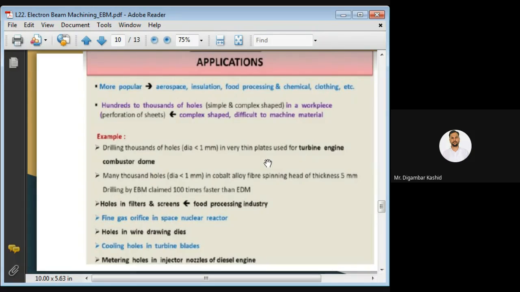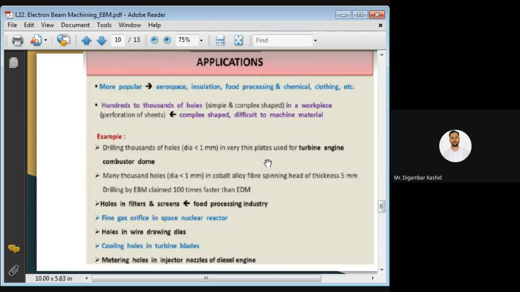These holes in filters and screens have applications in the food processing industry. Again, fine gas orifices in space nuclear reactors, for that purpose also we can use this electron beam machining.